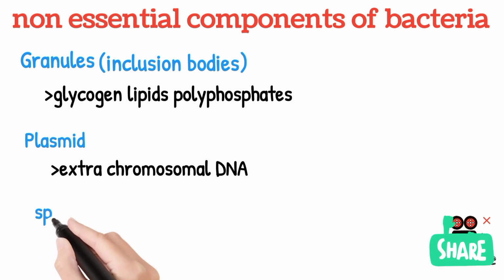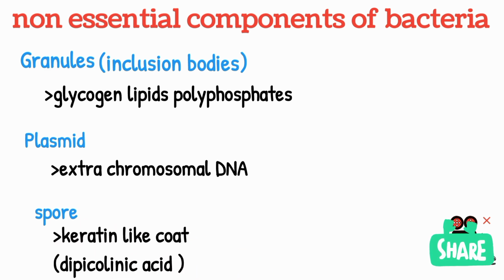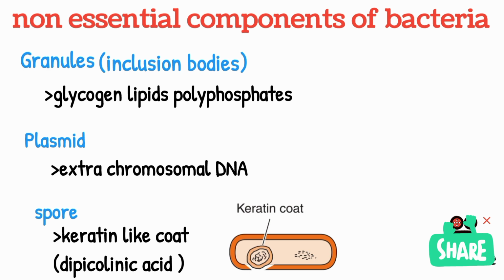And then we have spores. Spores have a thick keratin-like coat, and these are formed inside the bacteria only in very disastrous conditions, like very high temperature, very high heat. These spores are formed inside the bacteria, and they contain nucleoid and an important essential component, D-picolinic acid. D-picolinic acid is a calcium ion chelator.